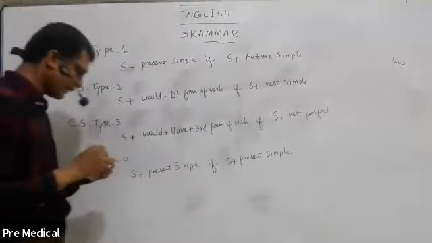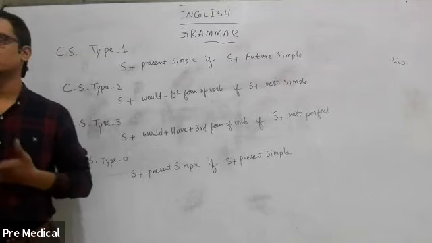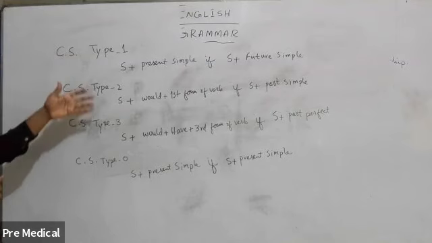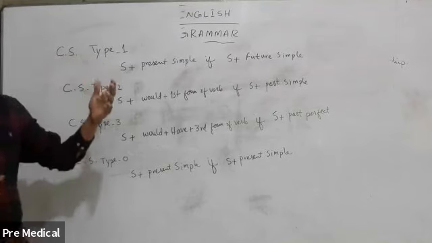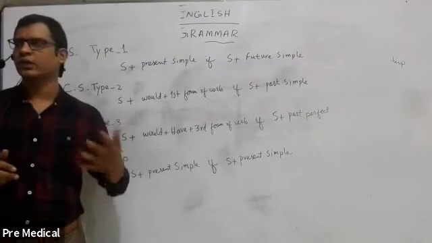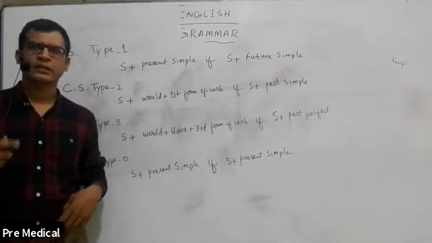Now it will be a good idea to do some practice. One way is to make sentences of each type. Let's say you make sentences of type 1. It depends on how much time you have, 50 or 100 sentences, because it comes with a lot of practice. You need to practice a lot.